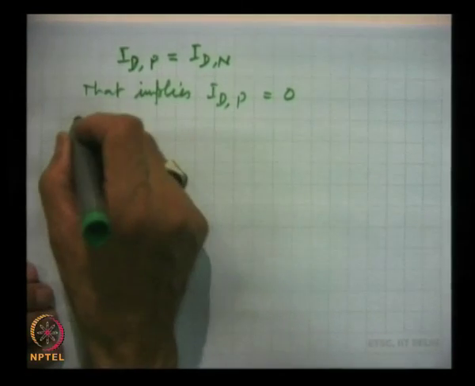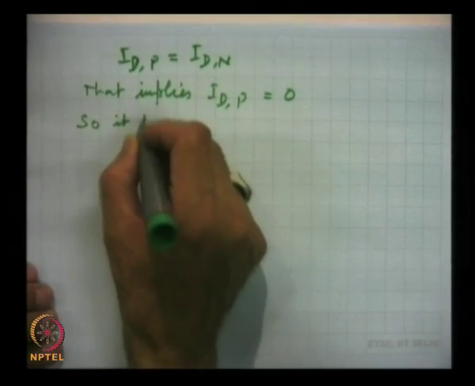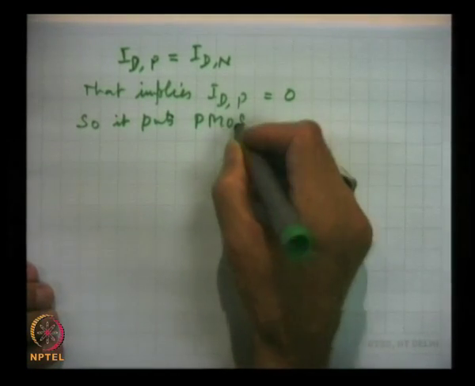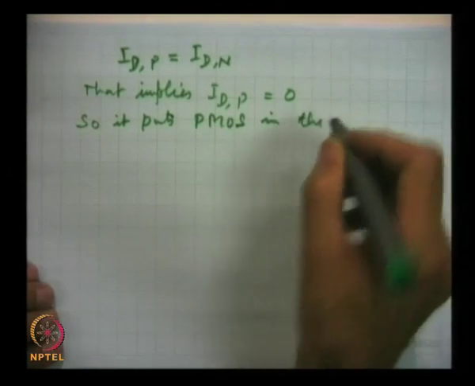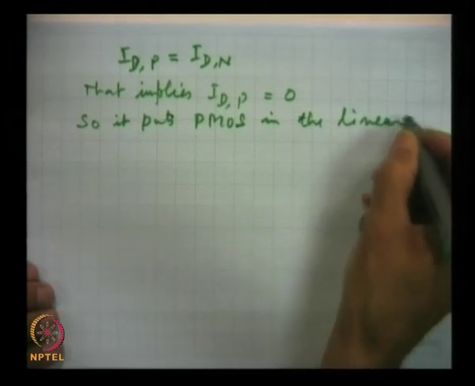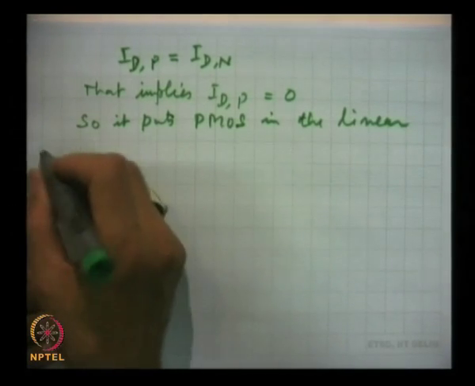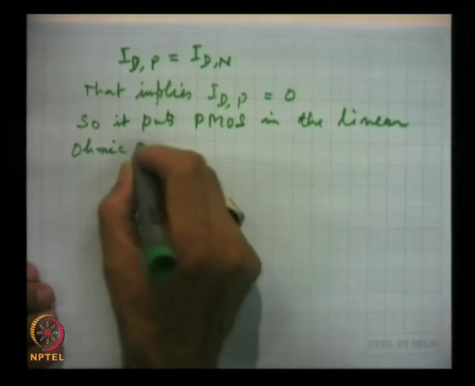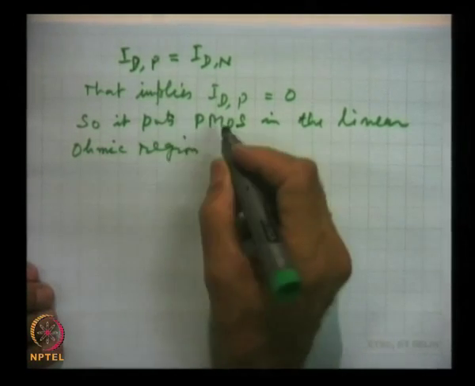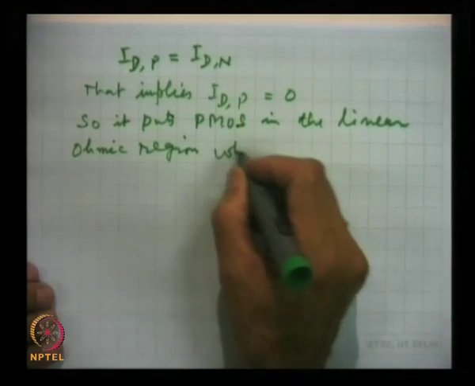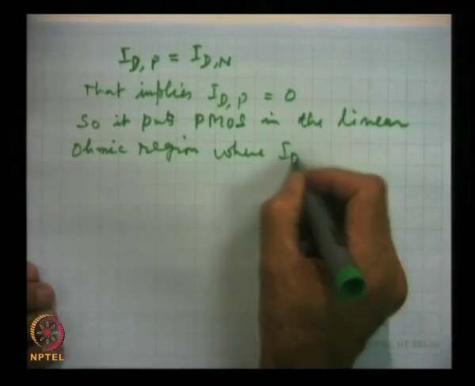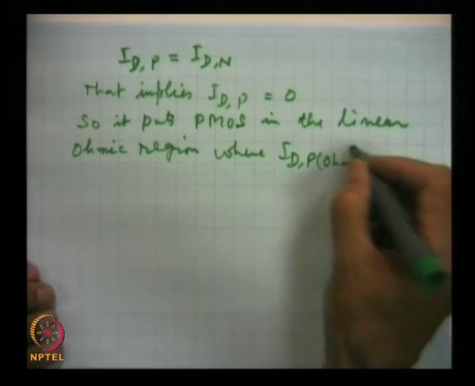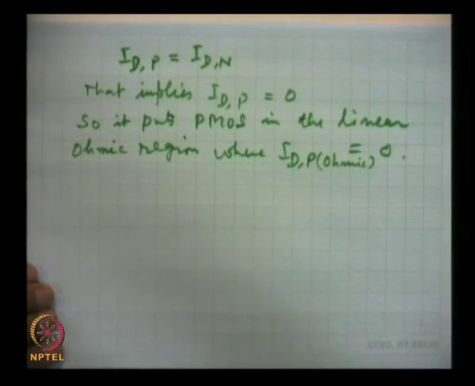So, it puts PMOS in the linear ohmic region where IDP ohmic is equal to 0.